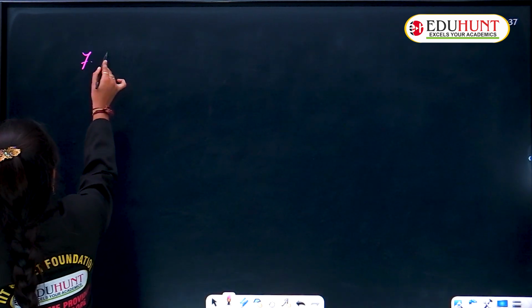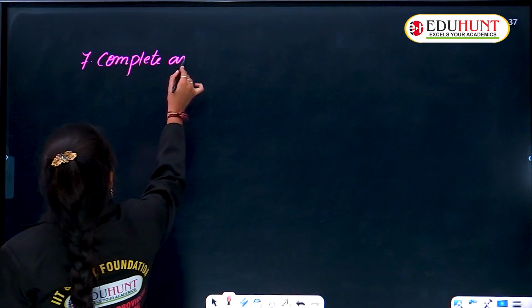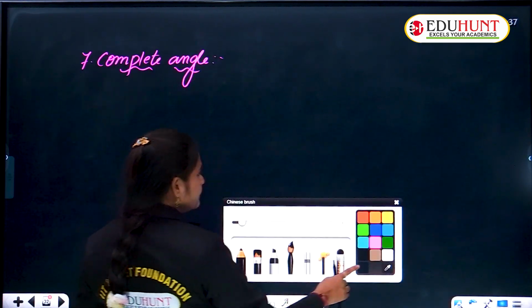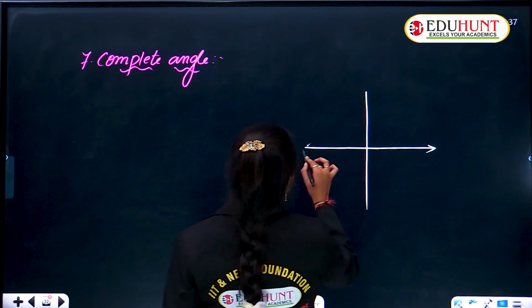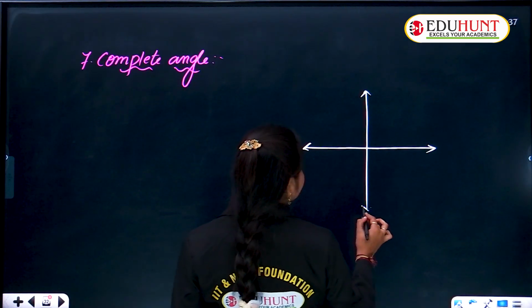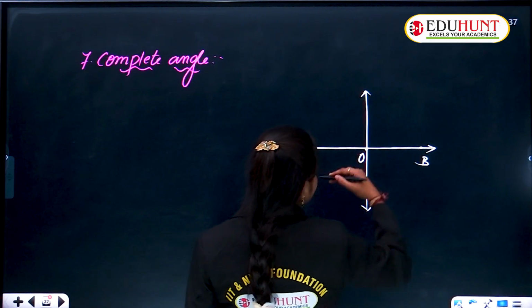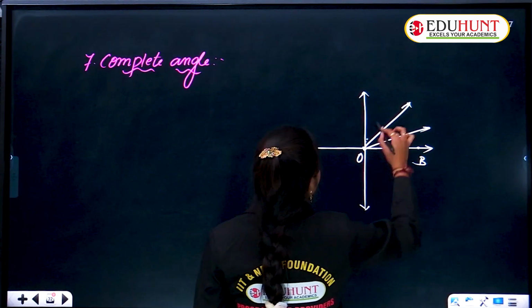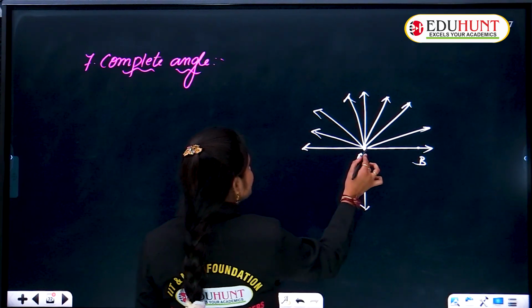Complete angle, see that? Again, the plane is divided into 4 parts. This is OB, and OA is the terminal ray. Now see that it turns in this anti-clockwise direction. After that, it forms so many angles.